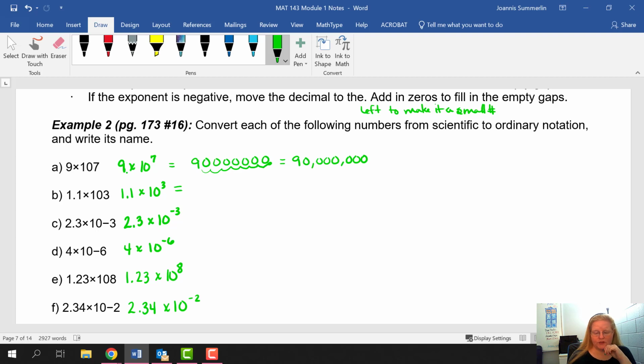Here you would move the decimal point 3 places. $1,100. Here you're going to have to move the decimal point back 3 places.